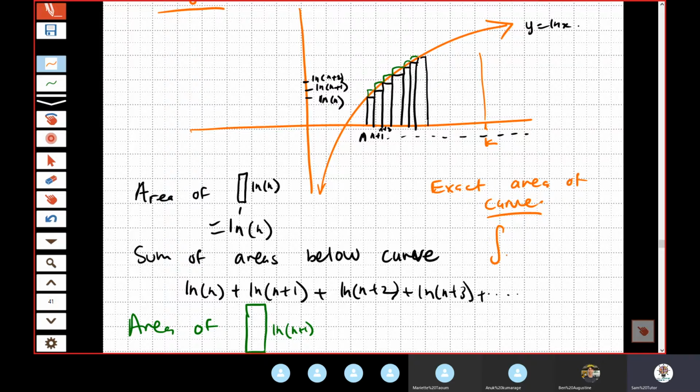So the smallest is n, largest is k, and then of course the curve is ln x dx.